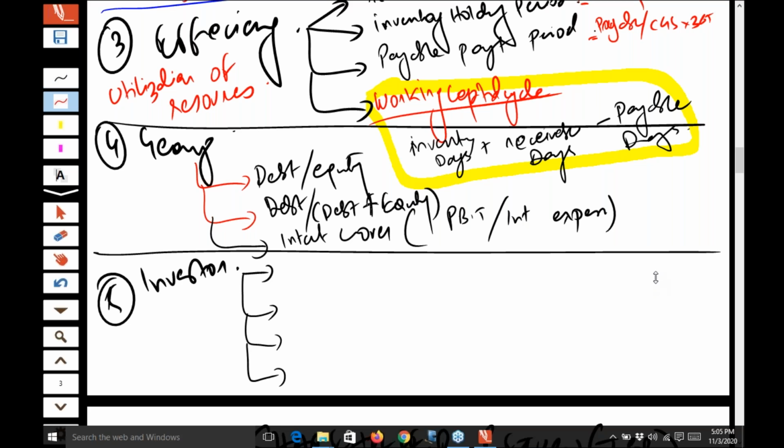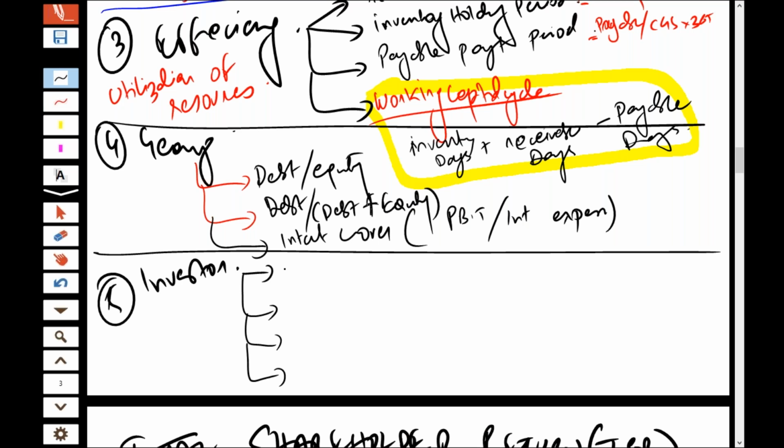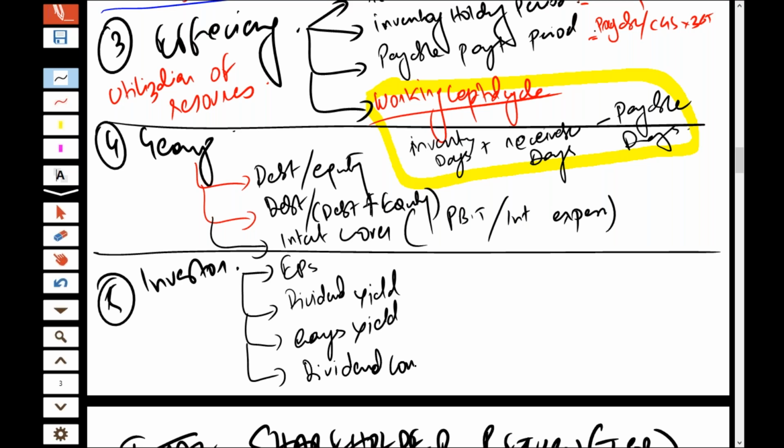I would like to use different ratios. So we have EPS, dividend yield, earnings yield, and the dividend cover.